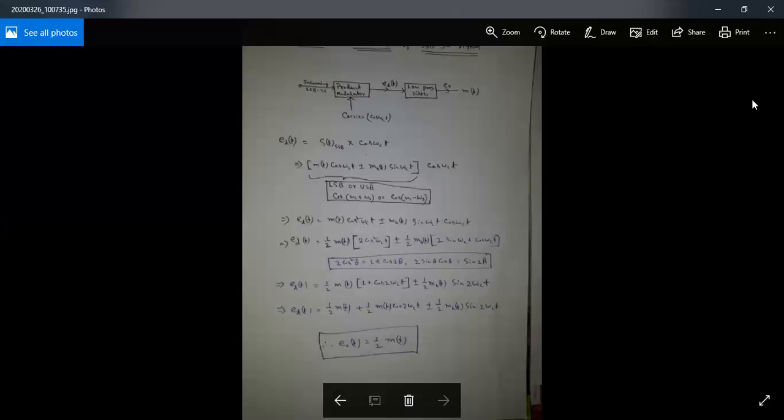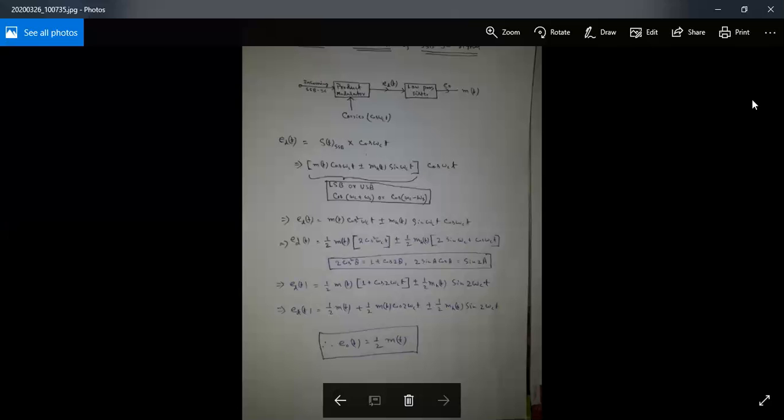And in the lower portion, one carrier signal, that is cos omega_c t or cos 2 pi f_c t, is the second input of the product modulator. As a result, we are getting the signal e_d(t).